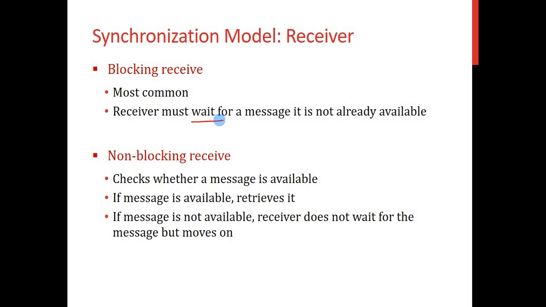In a non-blocking receive, when the receiver calls the message receive function but nobody has sent any message, it can still proceed and carry on doing other things. But the most common one is actually the blocking receive, because you want to ensure that the message has some important data that I want to receive before I proceed to the next step.